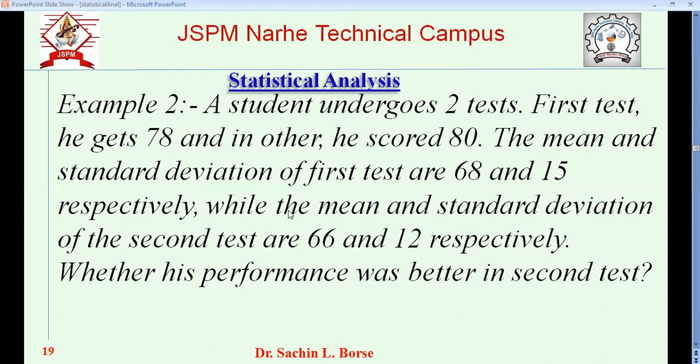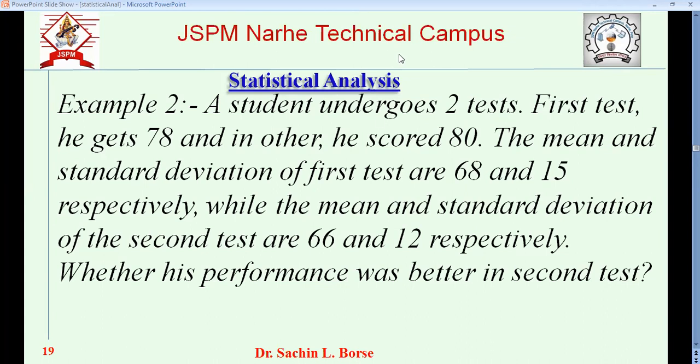The student has taken 2 tests. His marks, and even the mean and standard deviation, will be different in different exams. So we have to compare whether his performance was better in the first test or the second test.